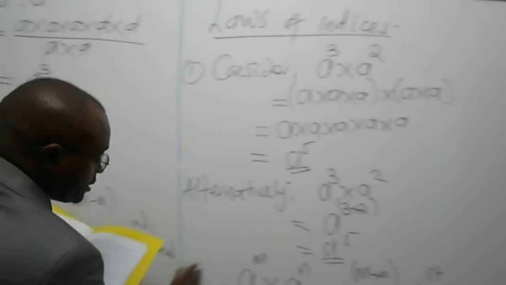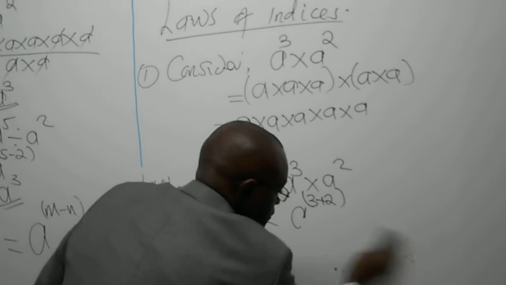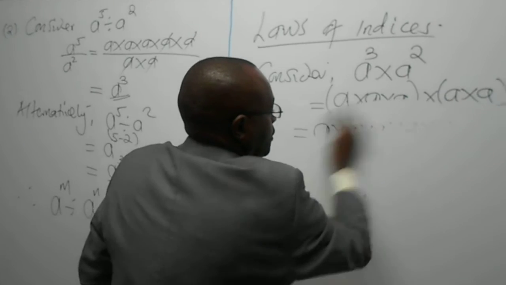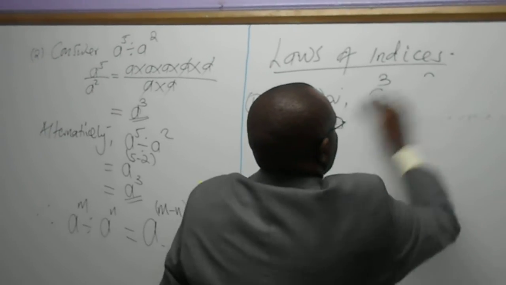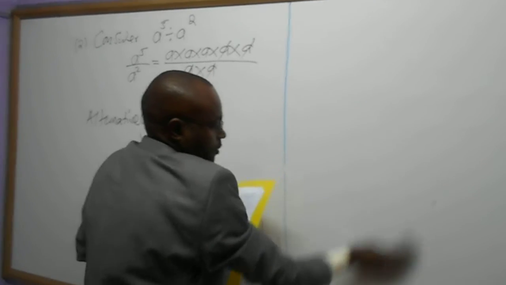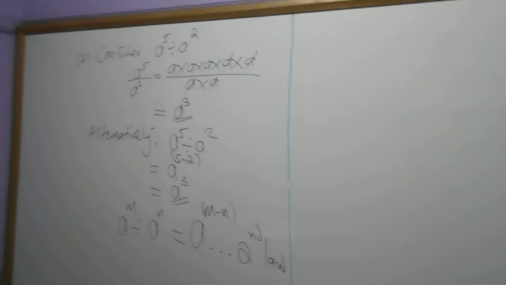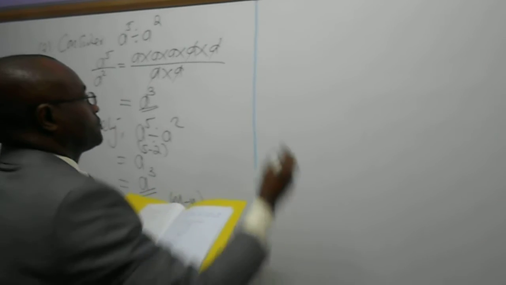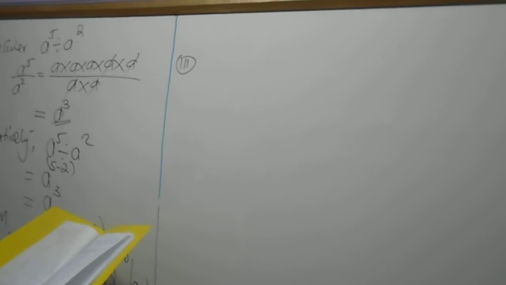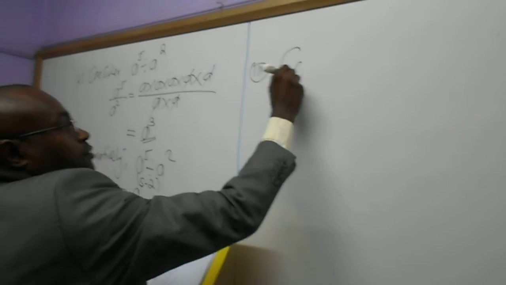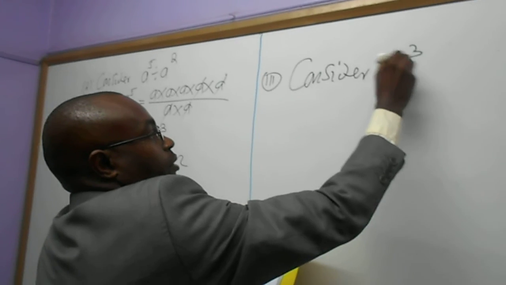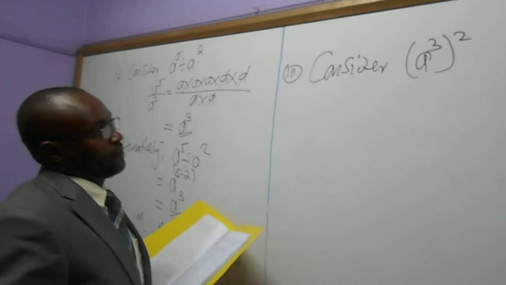Now we are going to look at our third law. Consider you're given a to power 3 and that is squared.